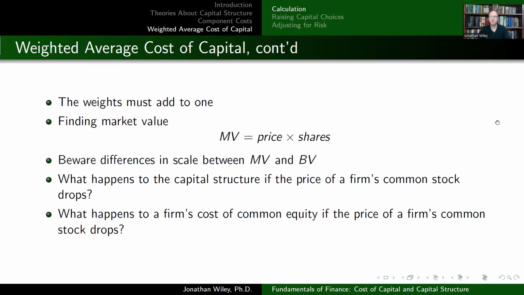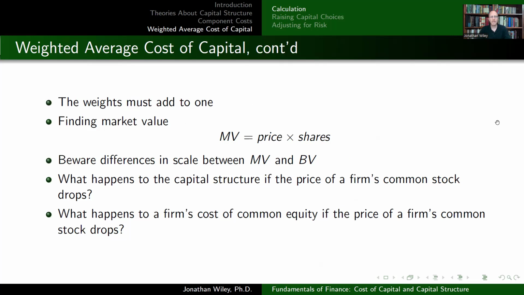So if they have 200 on the balance sheet, what that really is is 200 million, right? Whereas if you use the price per share times the total number of shares, you just have the total amount. And so it's not scaled in millions, whereas the balance sheet in my example was. And so if you're doing that calculation and you start mixing and matching scales, you'll get very wrong numbers.